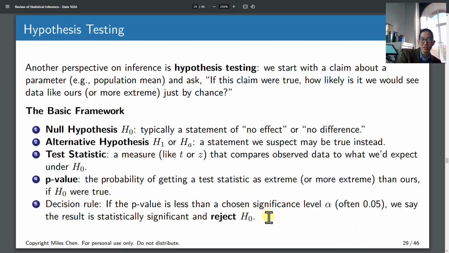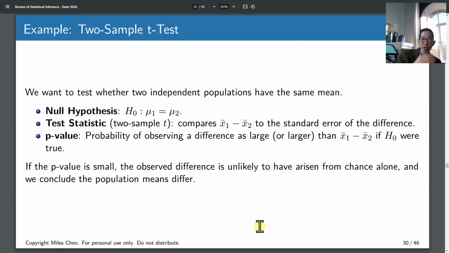I want to dive into this just a touch more, okay? So, for example, one of the earliest hypothesis tests that you've learned is the two-sample t-test. We want to test whether two independent populations have the same mean. So your null hypothesis is that population 1 and population 2 have means mu1 and mu2, and those two population means are equal to each other, okay?